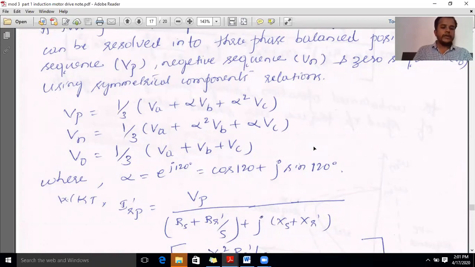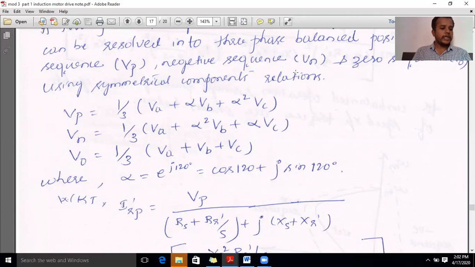Here we have a set of unbalanced voltages, so we have no direct clue on how these unbalanced voltages will affect the operation of the induction motor.